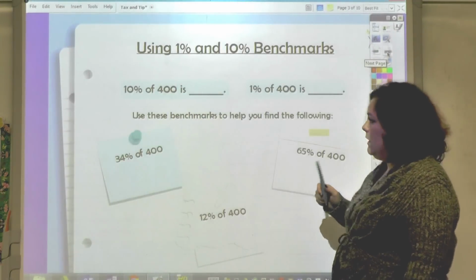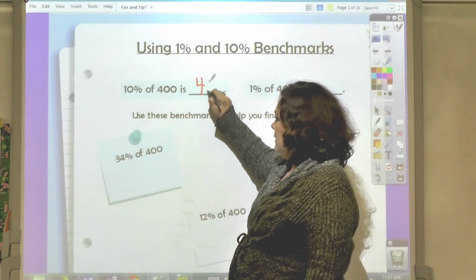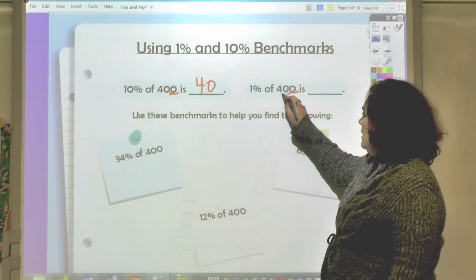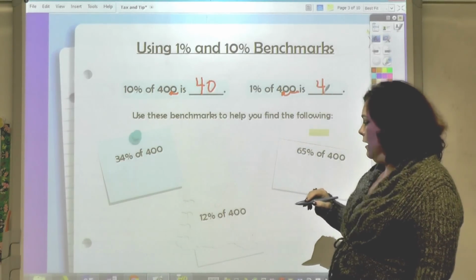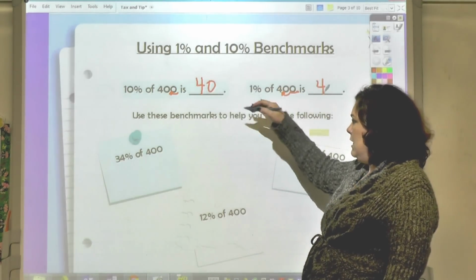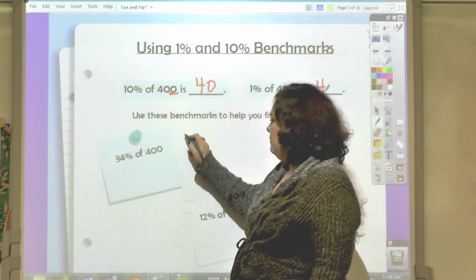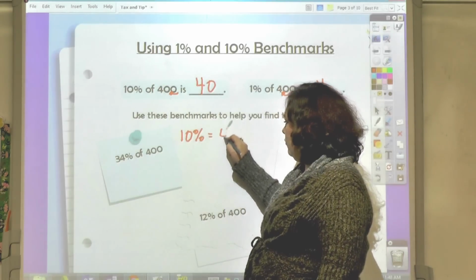And so 10% of 400, like we said, is 40. Move it one place to the left. And 1% is move it 2 places to the left, so it's 4. And so then you can use these to find the following. So 34% would be 10%, which equals 40.